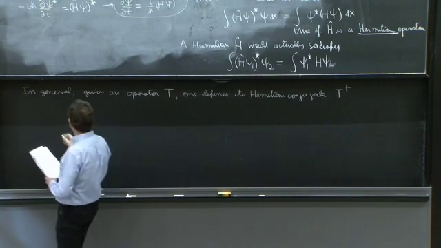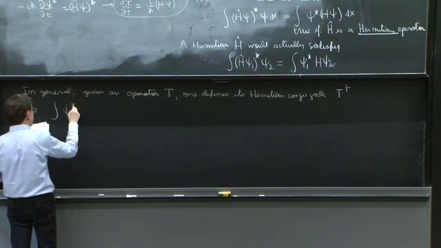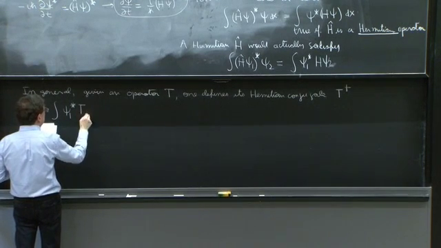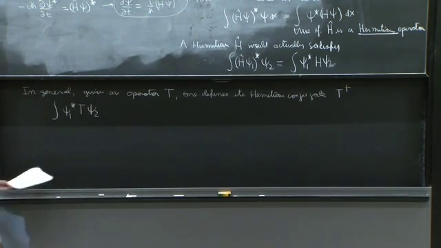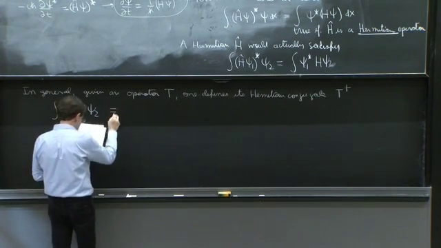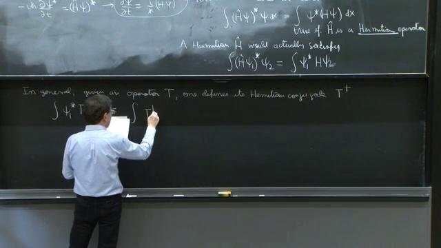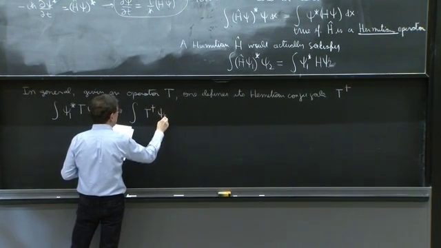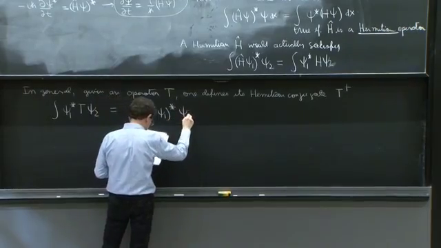So you have the integral of psi 1 star T psi 2, and that must be rearranged until it looks like T dagger psi 1 star psi 2.